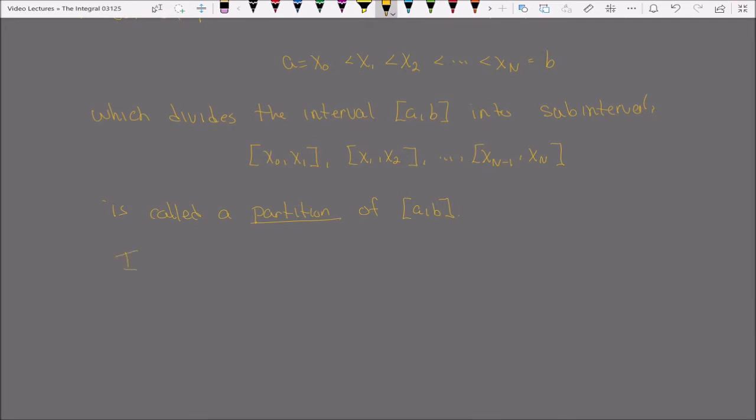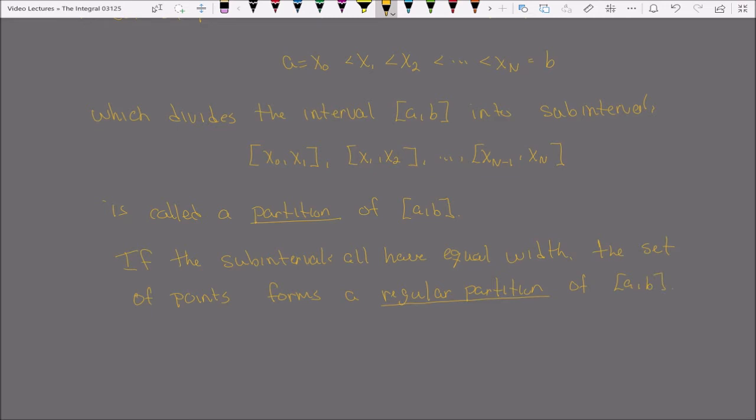If all these subintervals have equal width, then the set of points forms what we call a regular partition of the interval ab, right?